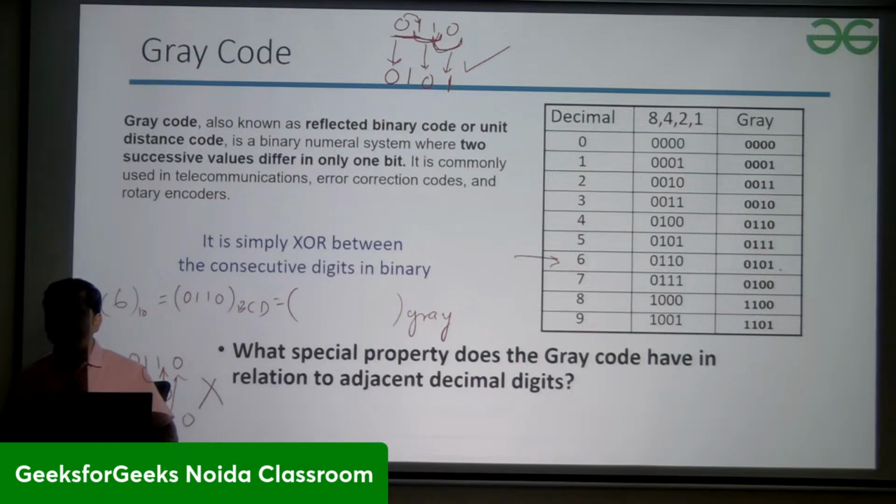Pick any random value and convert it. Let me give you the values 1 1 0 1, 1 0 0 1, 0 1 0 1. Convert these three numbers into equivalent gray code.